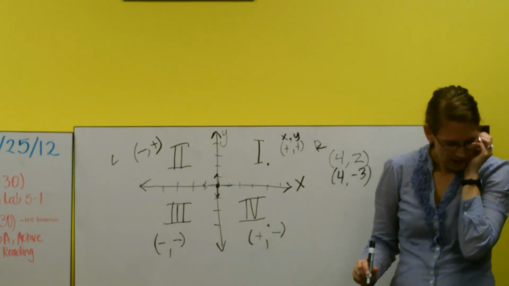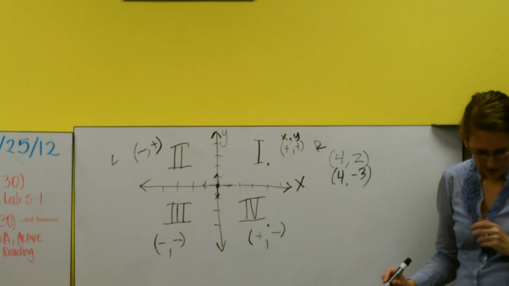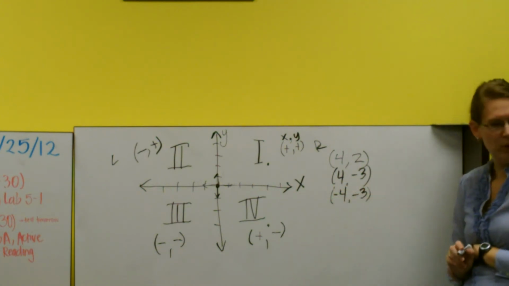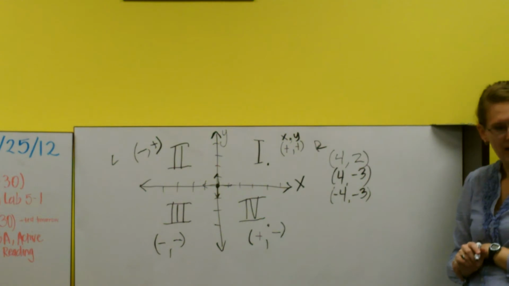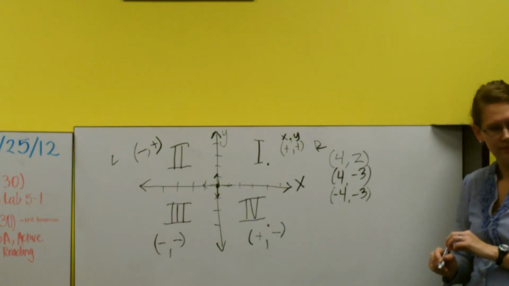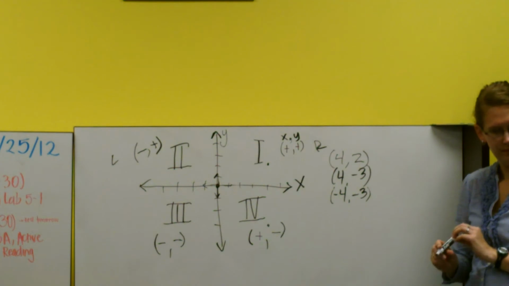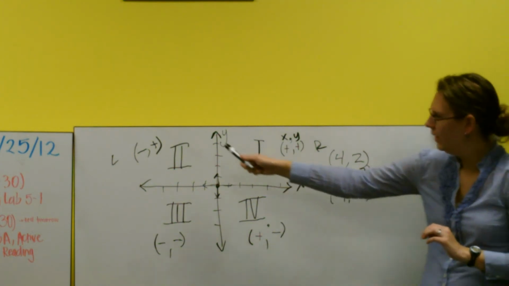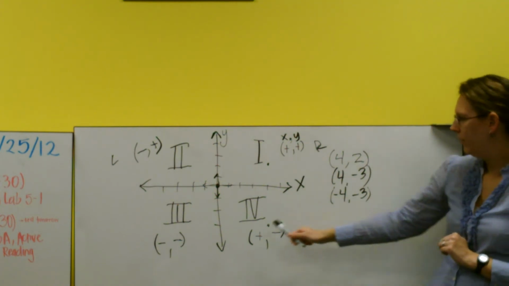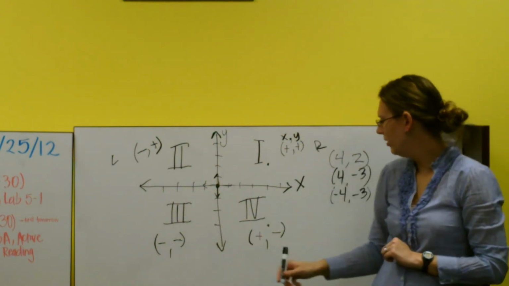Okay, Jamaica, where will we be for negative 4, negative 3? Which quadrant? We're going to be in 1, 2, 3, or 4? Oh, 3. Perfect. Both are negative. Negative, negative. So quadrant 3.